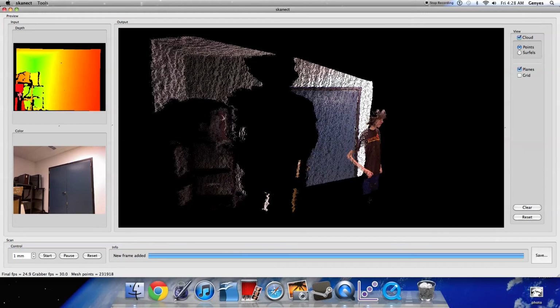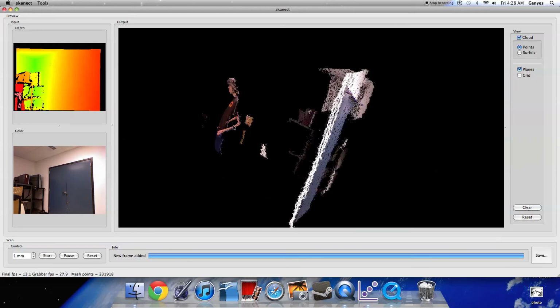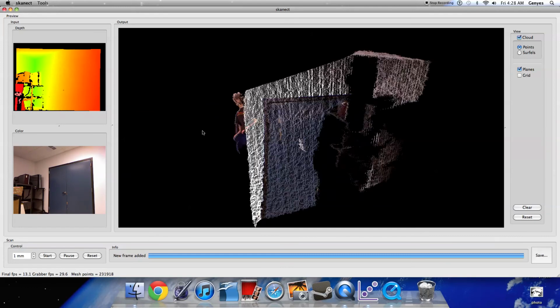So if I was going to make a 3D model of myself, I could use it as an outline, but it's very holey, and it doesn't get all of my body.